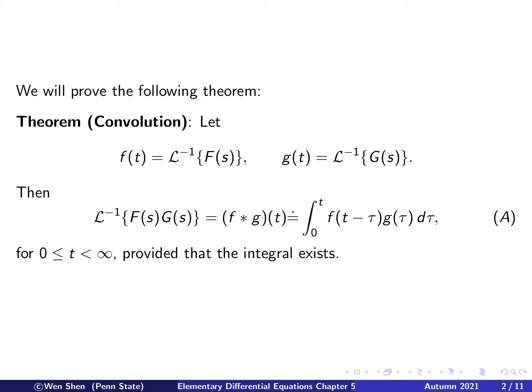So let's first repeat the statement of the theorem. It says that if capital F is the Laplace transform of little f and capital G is the Laplace transform of little g, and then if you want to find the inverse Laplace transform of capital F times capital G, it equals the convolution of f with g, which is defined as this integral from 0 to t, f of t minus tau times g of tau d tau.